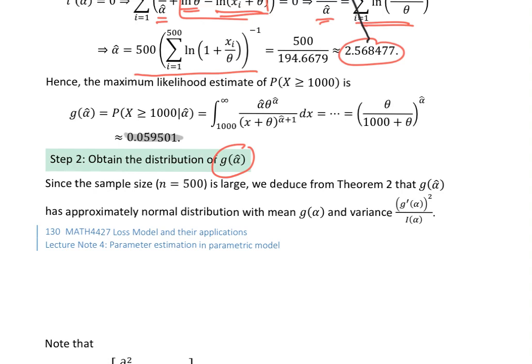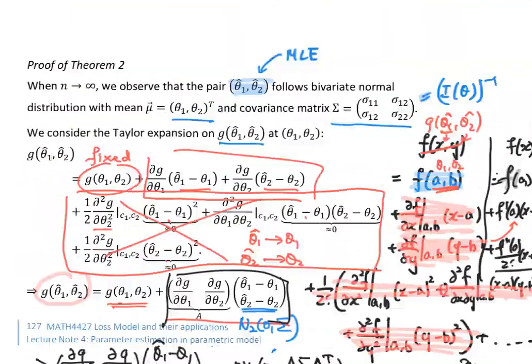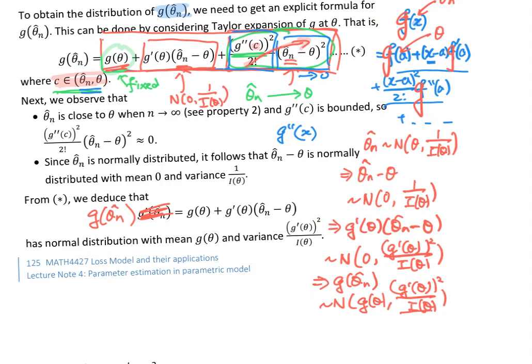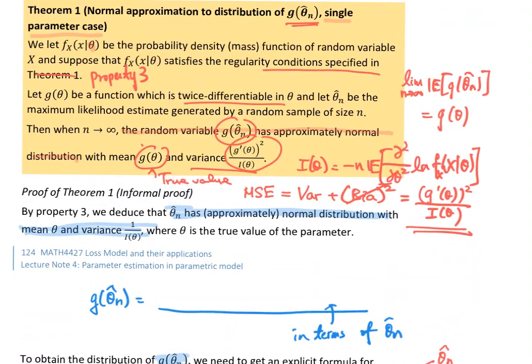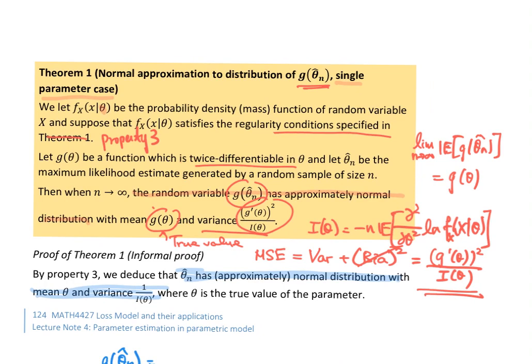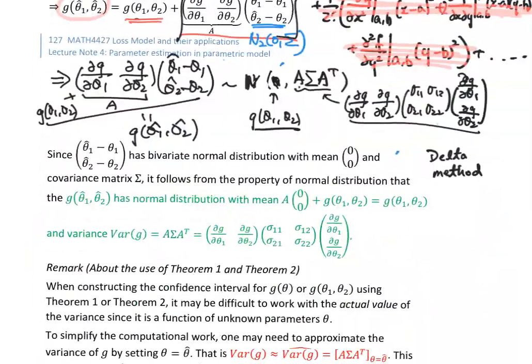Remember that because alpha hat is the MLE and your sample size is sufficiently large, according to theorem number 1, your G theta n hat is approximately normal with mean G theta and variance G prime theta all squared divided by I theta. So let us try to use these results.